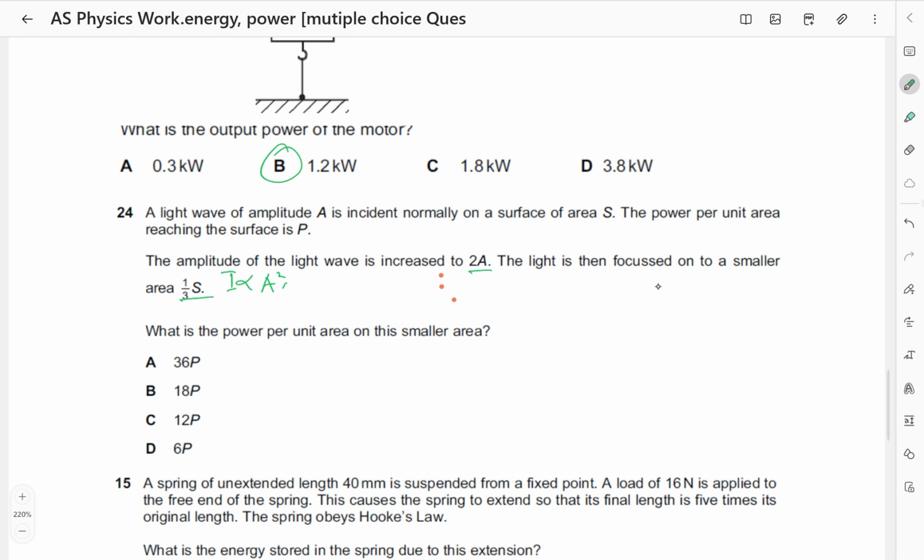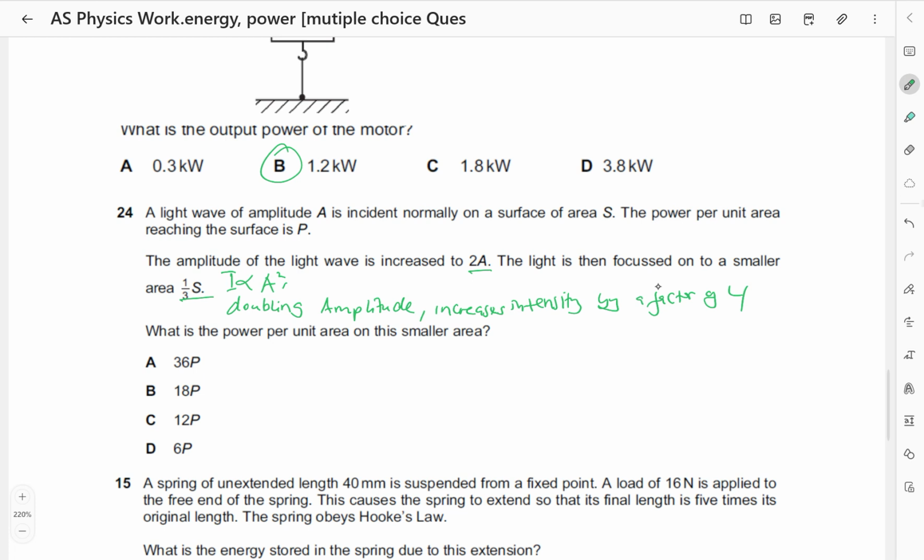Because intensity is directly proportional to amplitude squared, doubling the amplitude increases the intensity by a factor of 4.